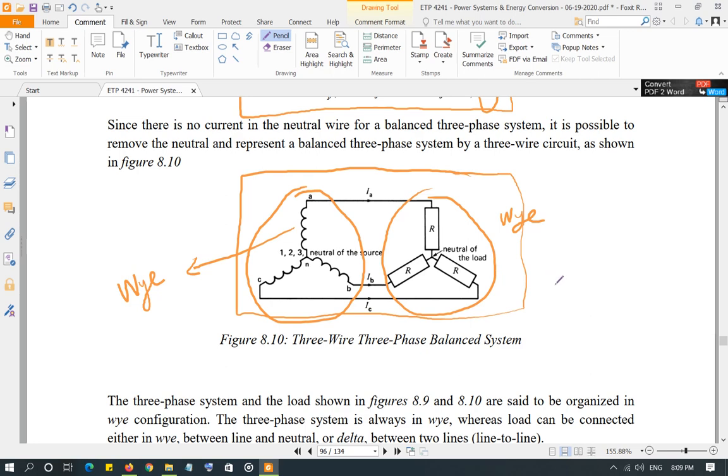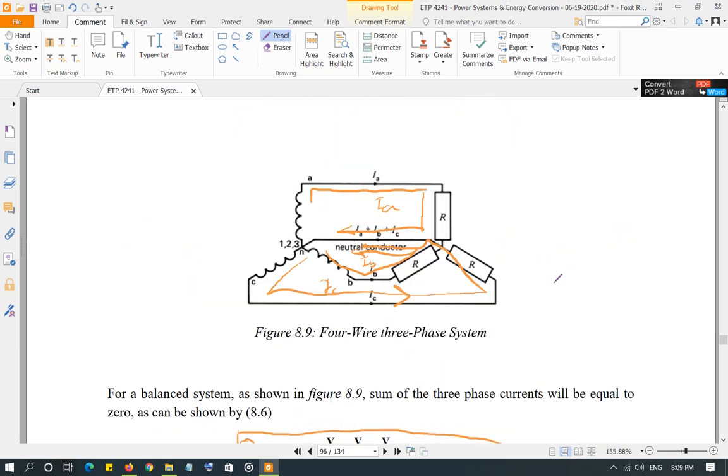Basically, and again I'm going to go to the three-phase four-wire system, which is easier to understand, a Y connection is such that the load is connected between the phase and the neutral. Like all these three loads, as you can see, are connected between a phase, whichever phase they are connected to, A, B or C, and the neutral. So anytime a load is connected between the phase and neutral, that orientation is called a Y orientation.